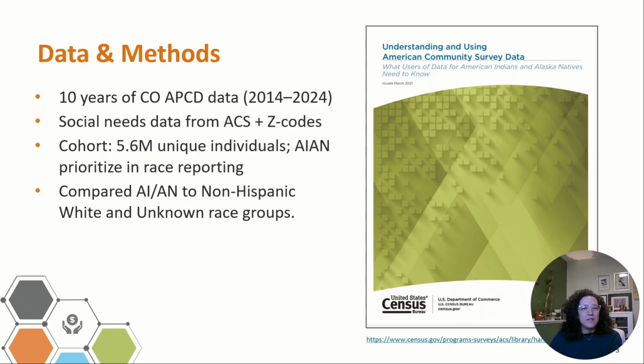For our data and methods, we looked at 10 years of CO APCD information from 2014 through 2024. To add context, we linked it with population data from the American Community Survey and used what we call Z codes, which are basically billing codes that describe social or environmental stressors like housing or employment challenges.